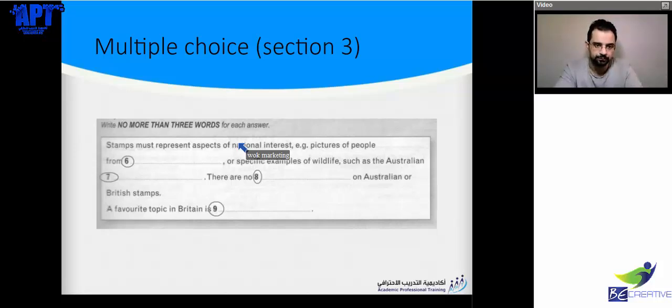So, pictures of people from somewhere, and specific examples of wildlife, such as the Australian something. And there are no something on Australian or British stamps. Who or what is not featured on these stamps? A favorite topic in Britain is something. So let's carry on very quickly.